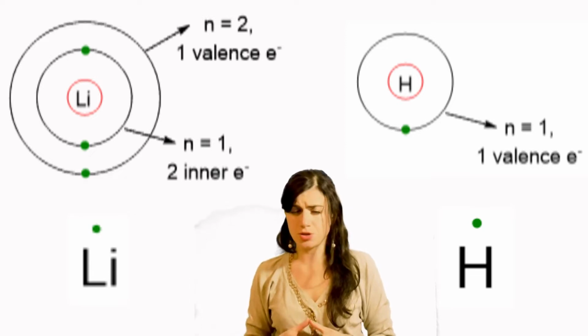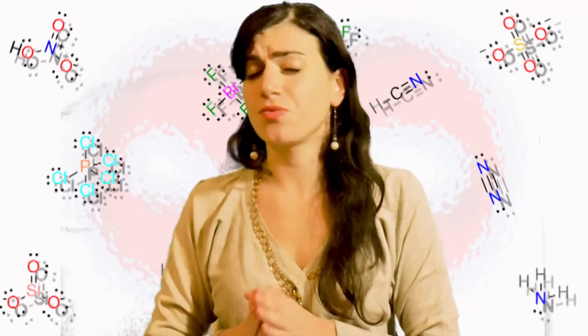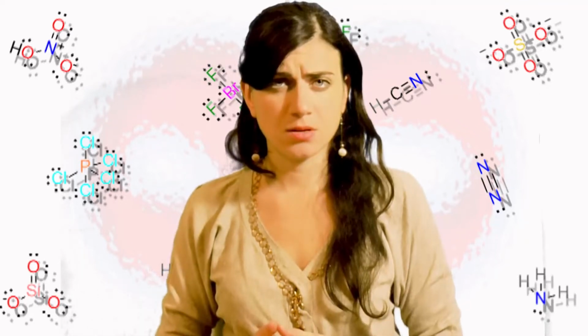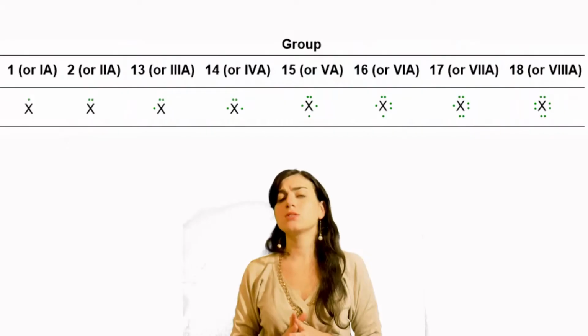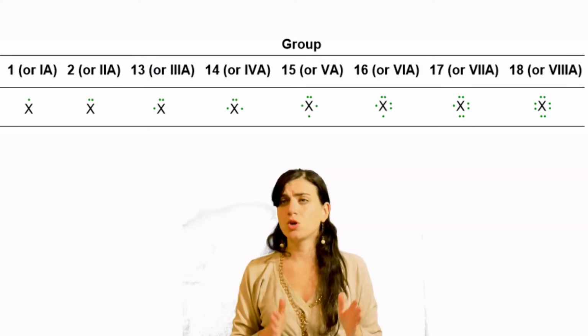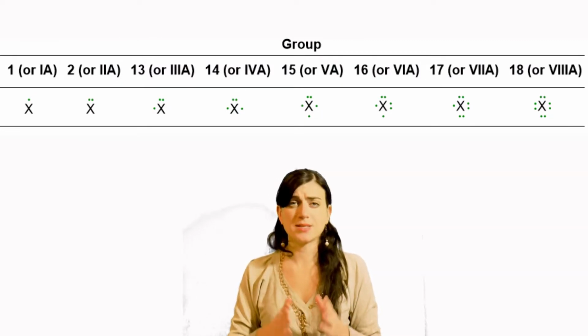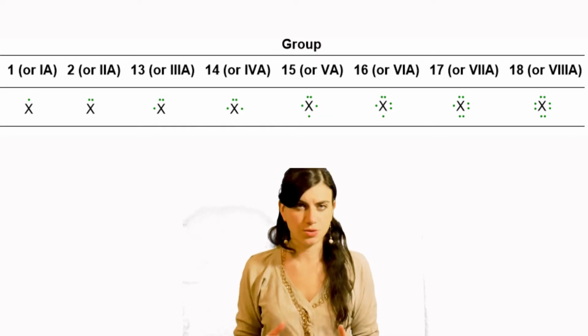So now it's very simple to write the Lewis symbols for all the main group elements just by using this table I have prepared for you. As you can see, for each element of the same group, you will have the same number of valence electrons. For example, let's say that I have oxygen.